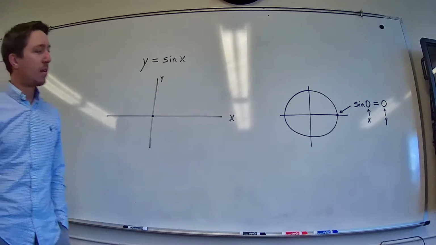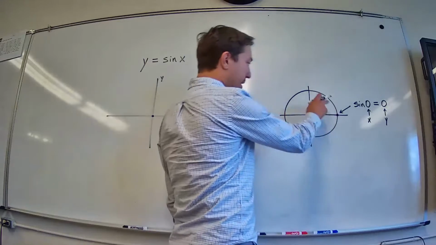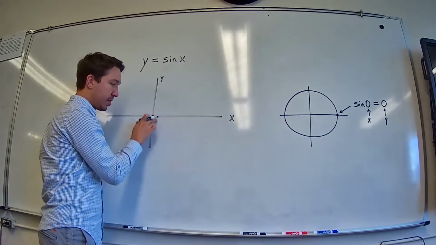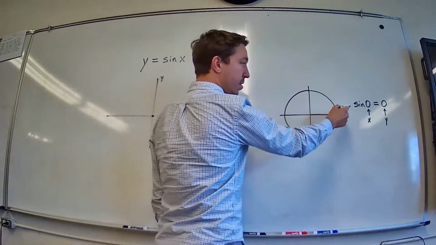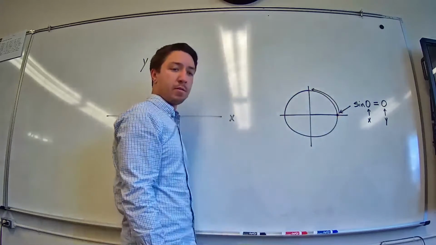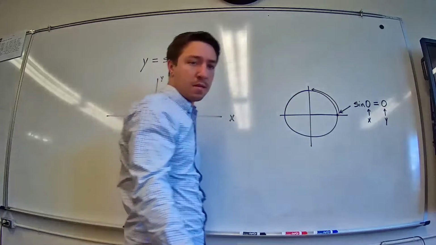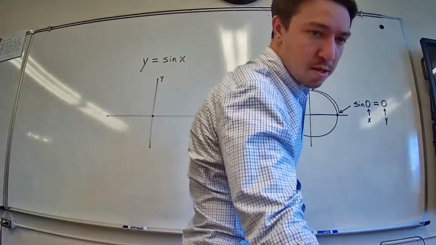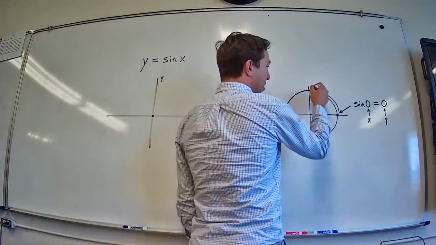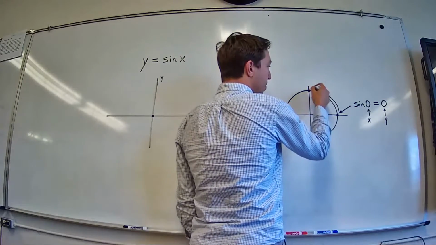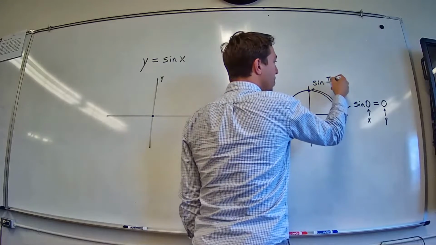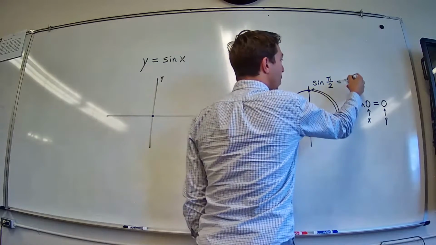Just kidding. Now, what's going to happen as we increase our x value? Increasing your x value is like moving counterclockwise around the unit circle, right? So let's talk about what happens when you hit here. The sine of pi over 2 is 1.